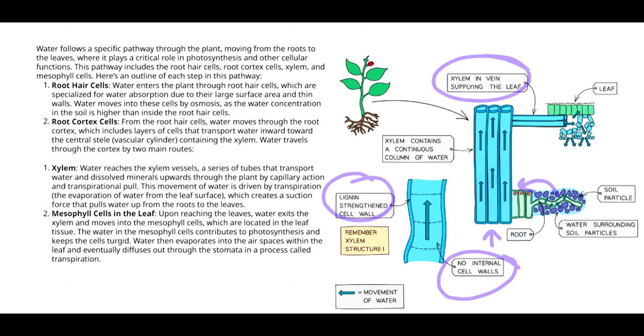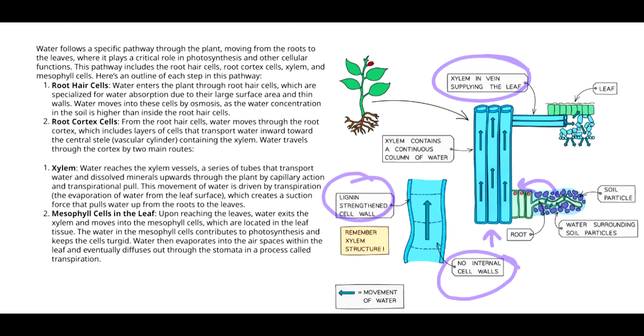The water from the xylem tissue is not only used up in photosynthesis, but also evaporates into the air spaces within the leaf, and it diffuses out through the stomata, and that process is called transpiration, which we will discuss later in detail.